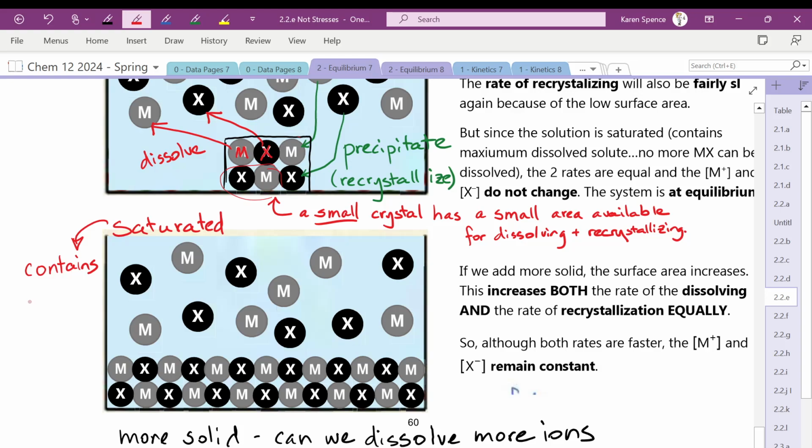It contains as much solute as possible. So if I add more solid to this already saturated solution, can I dissolve more ions? No, because I already have as much solute as possible dissolved.